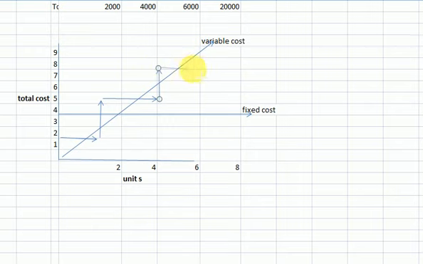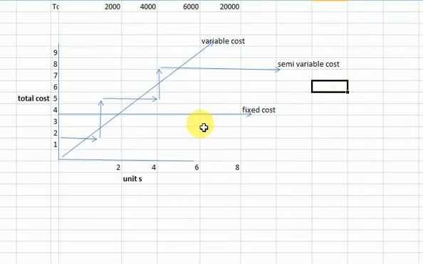In this way, this is called semi-variable cost. The graph will be just like this one.